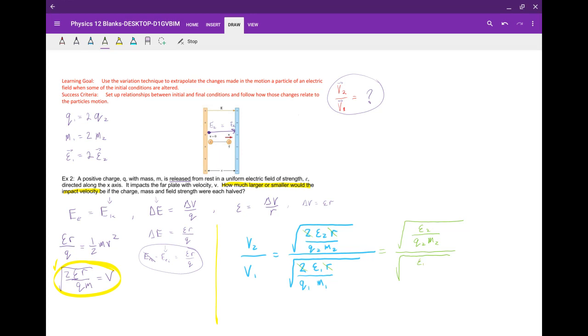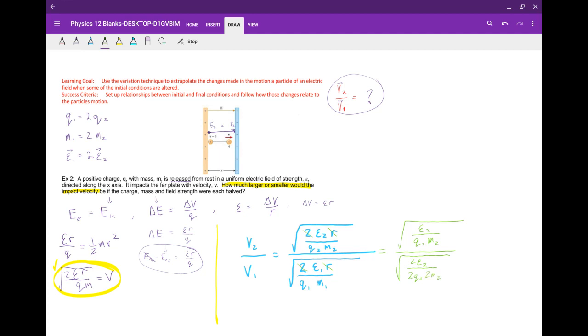Oh, but wait, field strength 1 is actually 2 times field strength 2, right? So I'll write a 2 there: 2 times field strength 2. Charge 1, which should go right here, and mass 1, which should go right there, are likewise both 2 times charge 2 and 2 times mass 2. So I would use these formulas up here as well, which I just halfway erased.